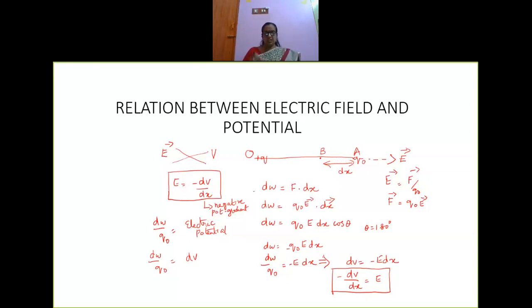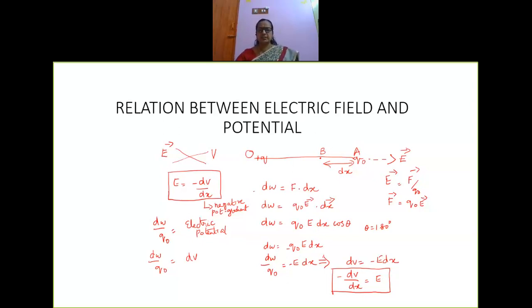The potential decreases along the field. VB, the potential will be more. VA, the potential will be lesser. So in the direction of electric field, the potential keeps on decreasing. That is why it is represented by a negative sign: E is equal to minus dV by dx.